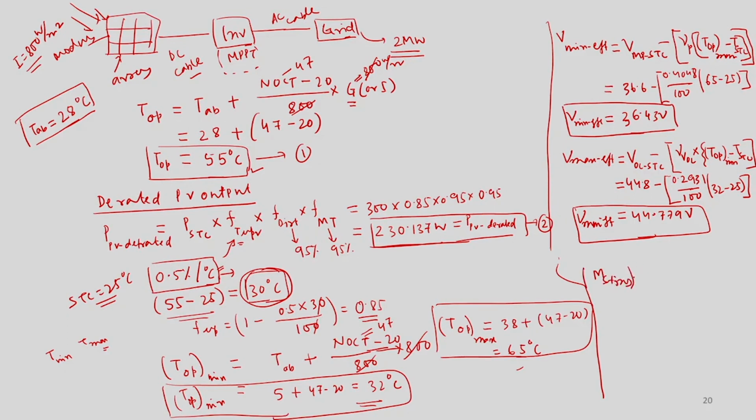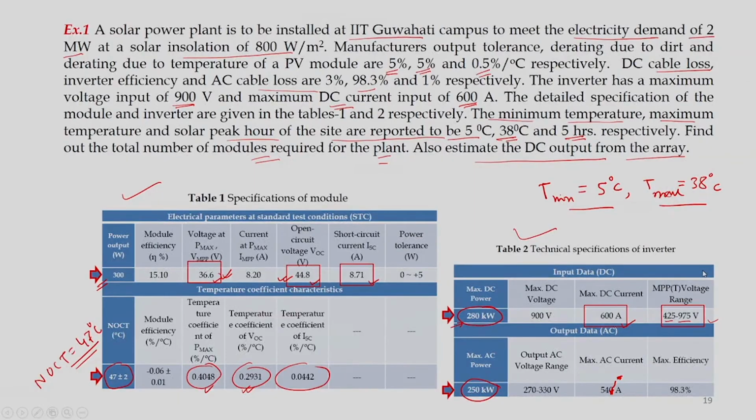that is minimum, okay, which is nothing but V inverter DC minimum divided by V min effective, okay. So I have to go back to the specification part.